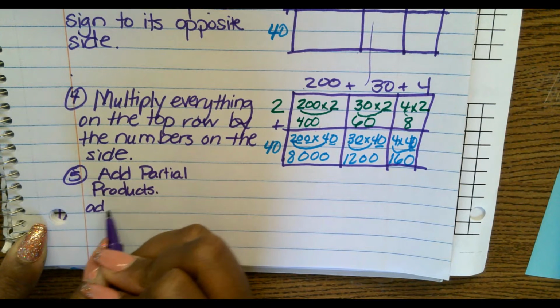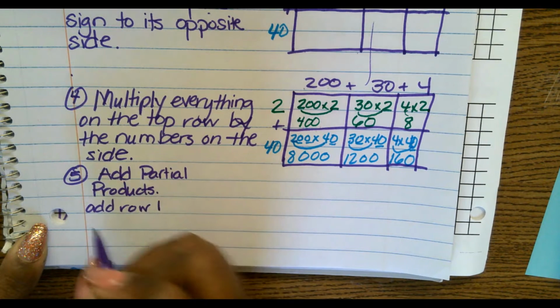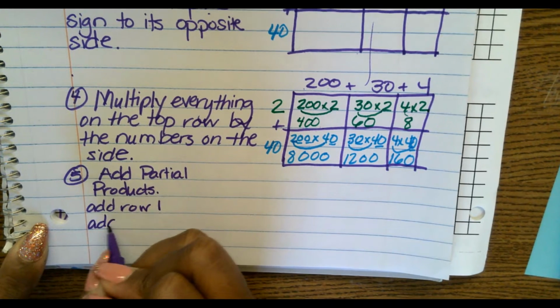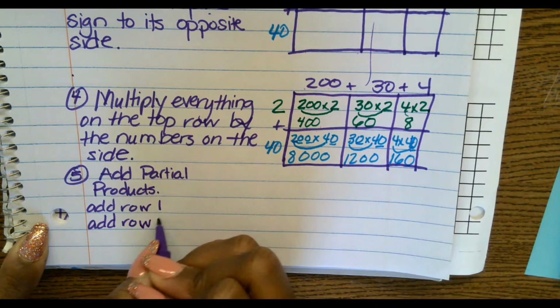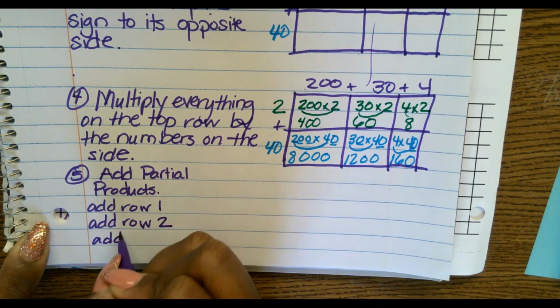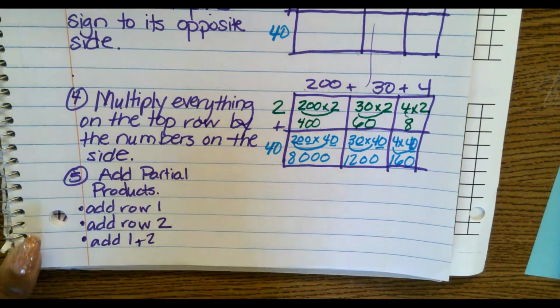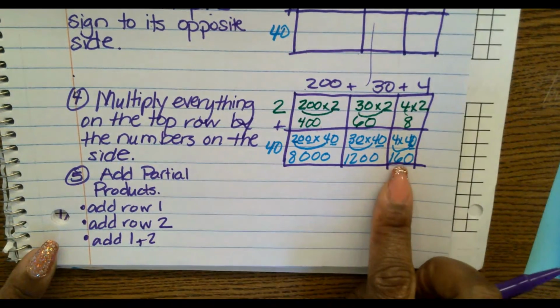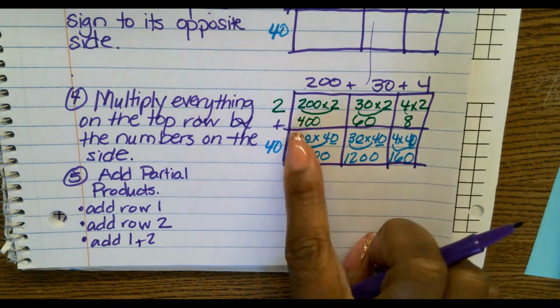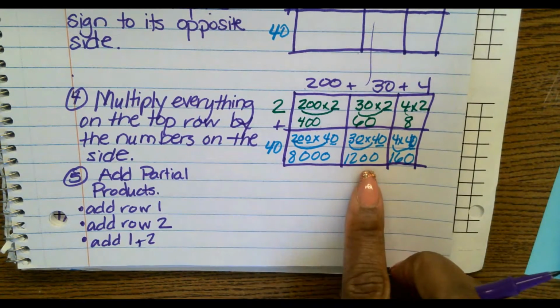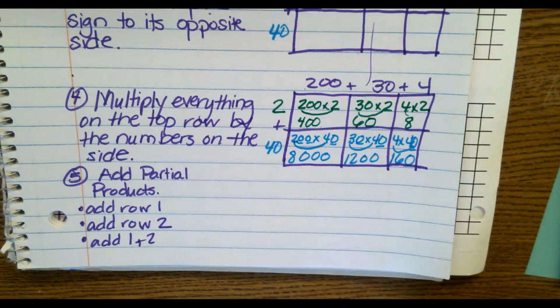Add row 1 first, add row 2 next, add 1 and 2. That's the order. If you stack them all up, that's a problem for 2 reasons. You are likely to make a mistake trying to add those 6 numbers together. Not everybody will, but most of us will. So then that'll keep you from getting the right answer.